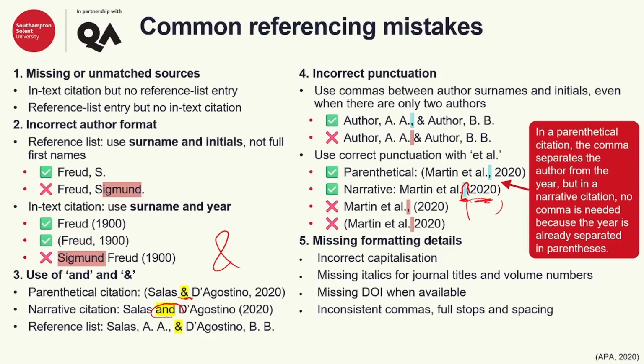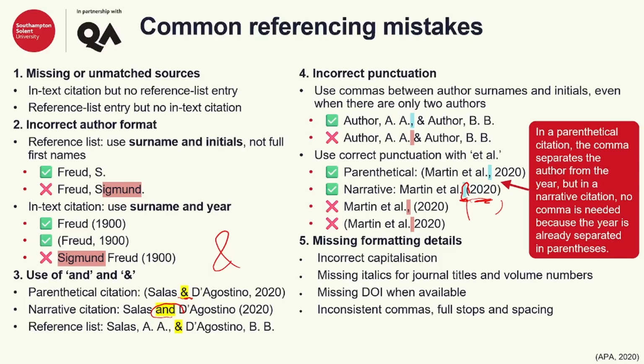You should also check that a whole book title is italicized. For a chapter in an edited book, check that the chapter title is not italicized, but the edited book title is italicized. Include the DOI link when one is available and present it in the correct hyperlink format.